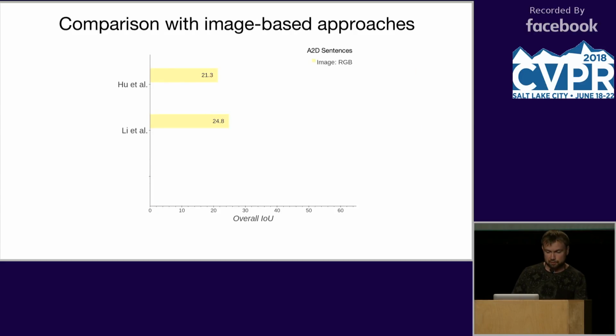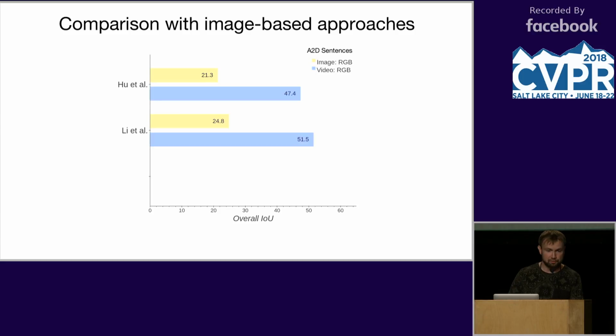We also compared with two image-based approaches that were presented in related work. One is for image segmentation from a sentence, another one is tracking from a sentence. Both models were pre-trained on a ReferIt dataset, which has referring expressions for only images. As input, they have independent RGB frames. We studied their performance out of the box, so we didn't fine-tune them and just applied them to video sequences.